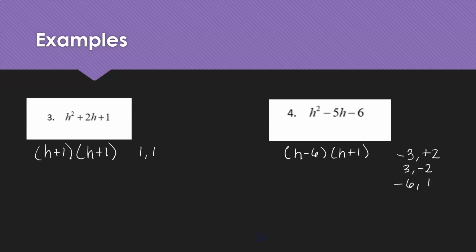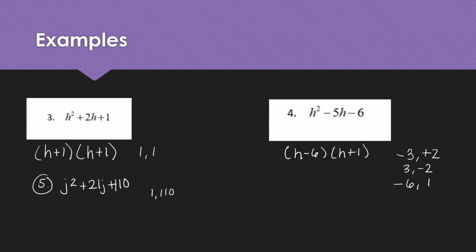I guess I didn't add those. All right, I'm going to add them on the bottom. So number 5 is j squared plus 21j plus 110. Okay, let's think of factors of 110. We could start with 1 and 110. That's not going to get us anywhere.